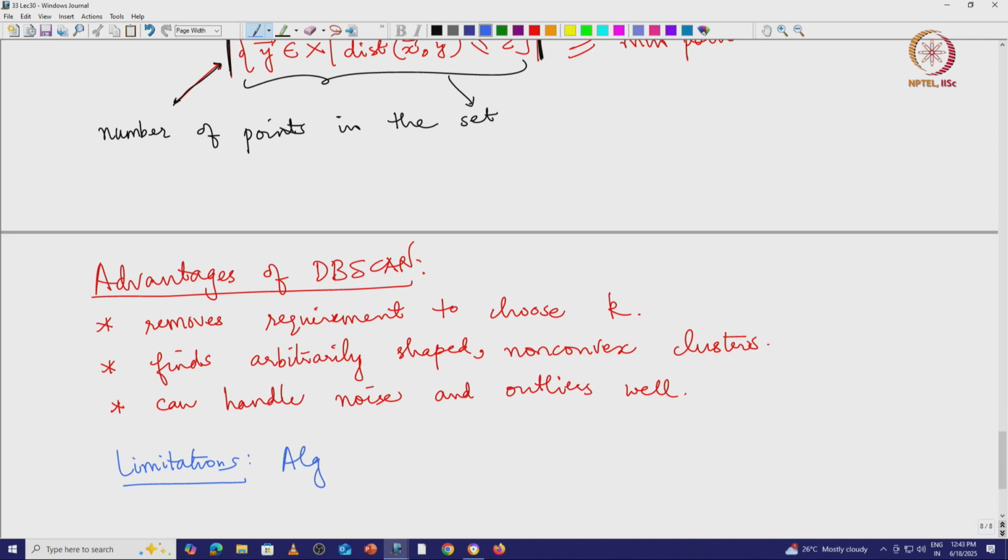So the algorithm requires us to specify epsilon and the minimum number of points, which is fine if you have a good feeling for how different points should behave or how similar points should behave in the data set, but in some cases this may not be known, right. So this brings me to the end of this lecture.